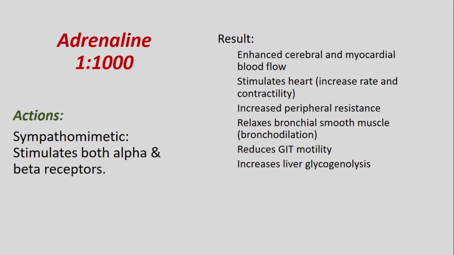For example, in the heart, activation of beta-1 receptors leads to an increase in contractility and cardiac output. In blood vessels, acting on alpha-1 receptors causes vasoconstriction, increasing systolic and diastolic blood pressure. More importantly, however, adrenaline activates beta-2 receptors in the lungs, which leads to relaxation of the respiratory smooth muscles and bronchodilation.